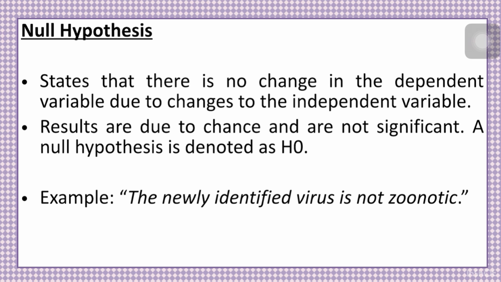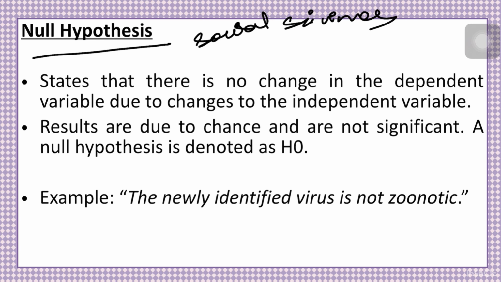The next type of hypothesis is the null hypothesis. This type of hypothesis is very common in the social sciences. We try to see whether there is any change. We usually write that there is no change in the dependent variable with respect to any change in the independent variable.